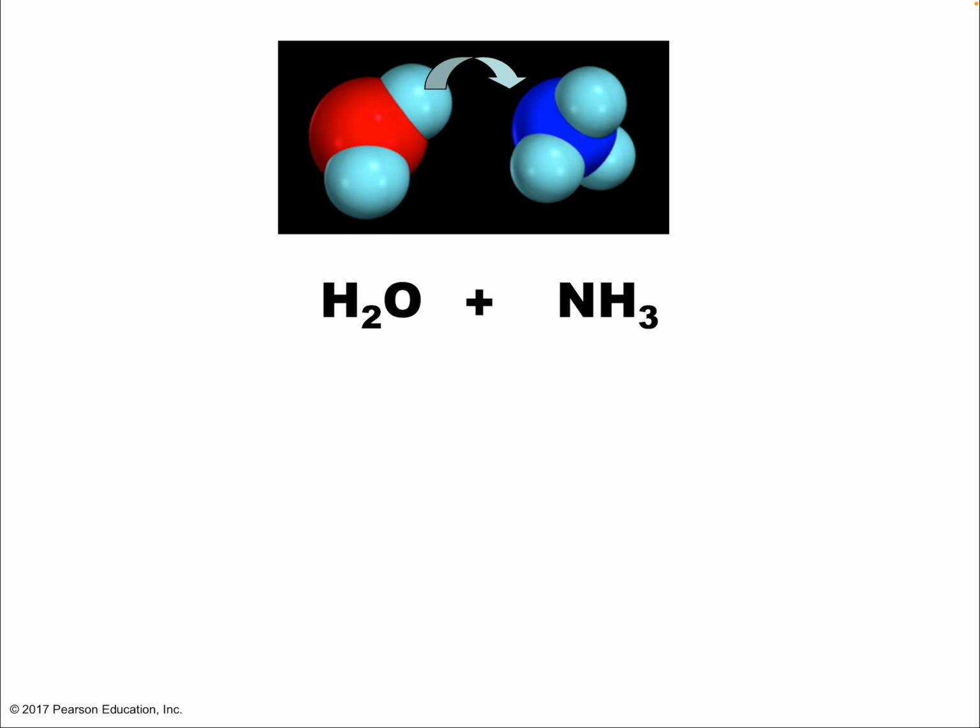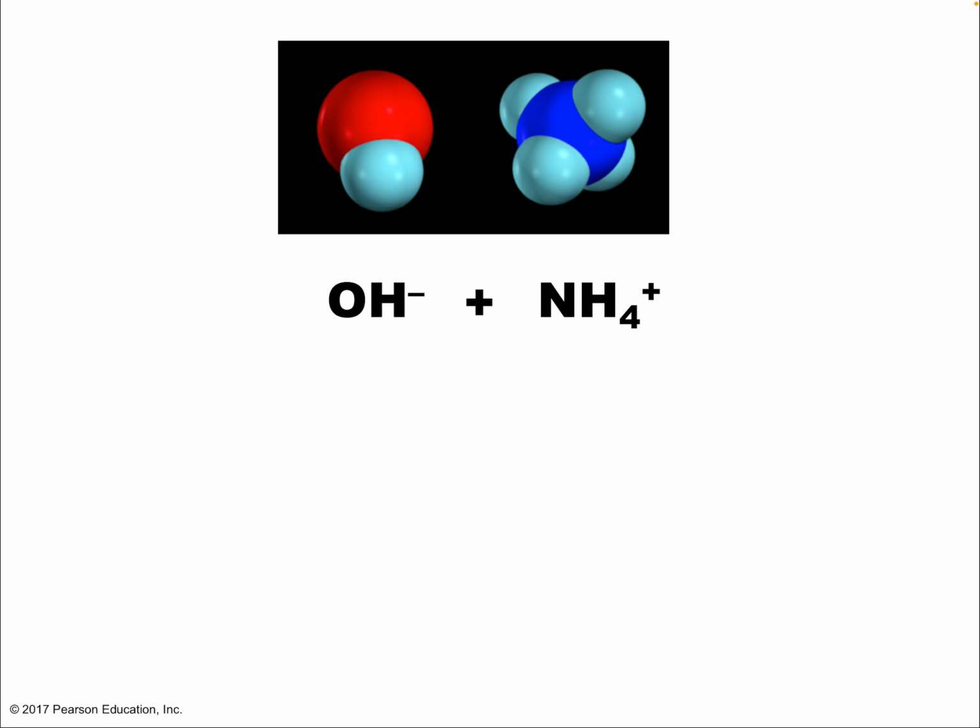The water is going to give up a hydrogen, specifically a hydrogen ion, which means it's going to leave an excess electron behind. We'll draw it there so you can see it. So an excess electron is left behind and we have our hydroxide, right? That's the name of OH. This is a hydroxide ion. The other one, by the way, was a hydronium ion.